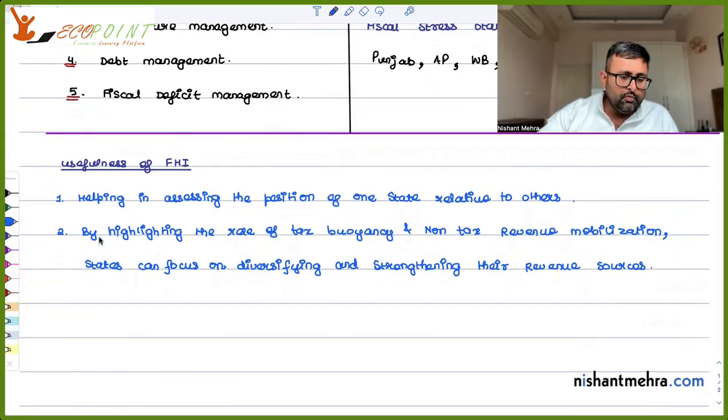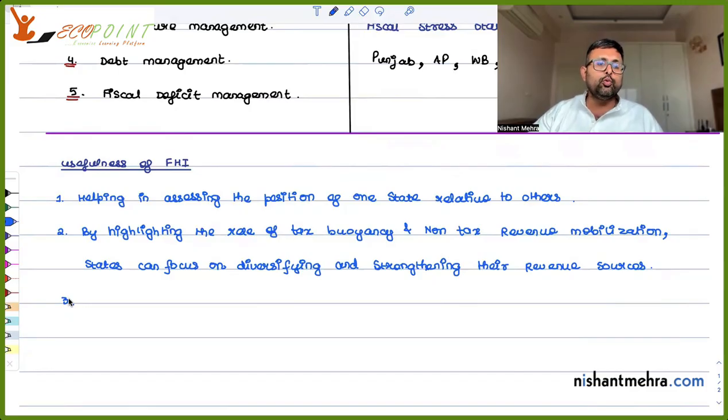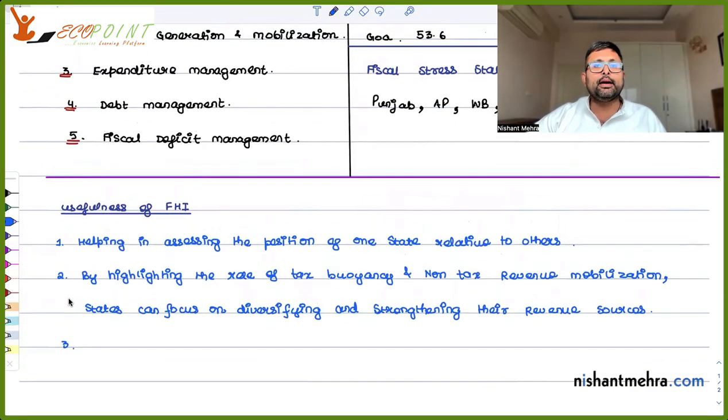Then your fiscal health index is also taking into account this expenditure management. So are you using your expenditure for quality purposes or not? So are you increasing your capital expenditure or are you just using it for day-to-day expenditures, right?